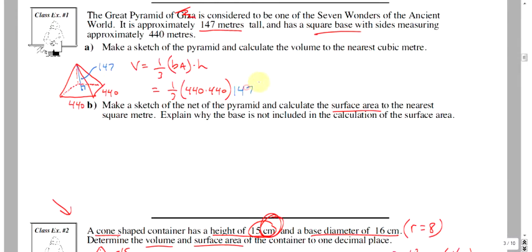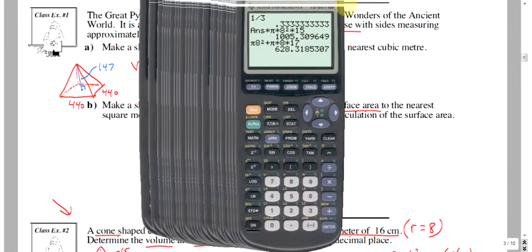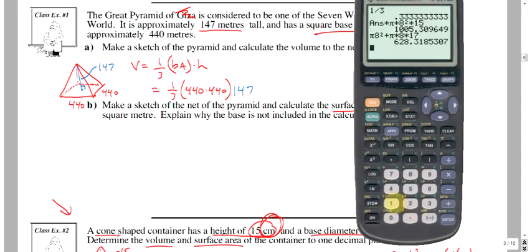All I've got to do is put that in my calculator. 1 divided by 3 times 440 times 440 times 147.